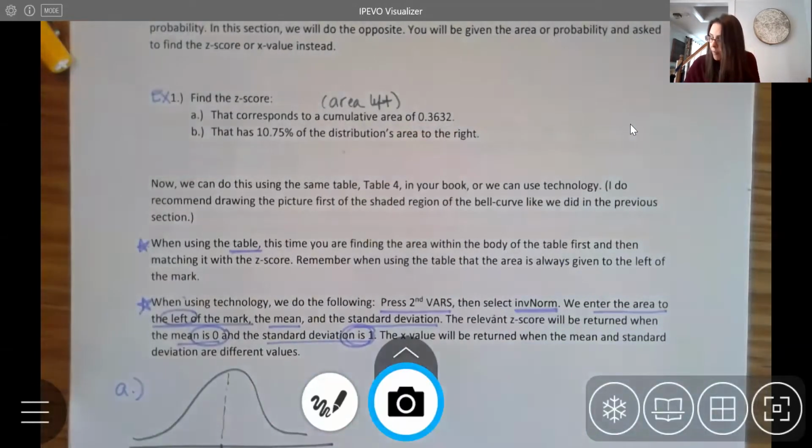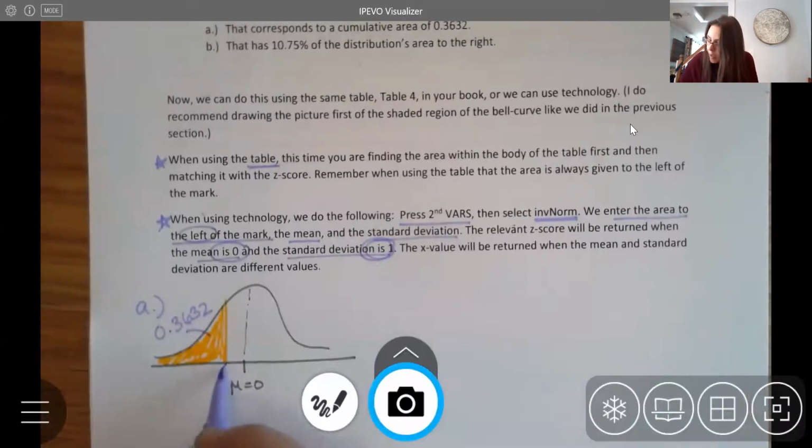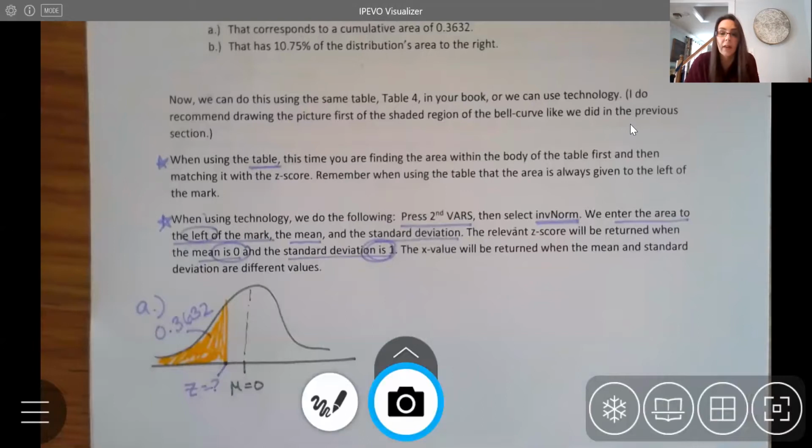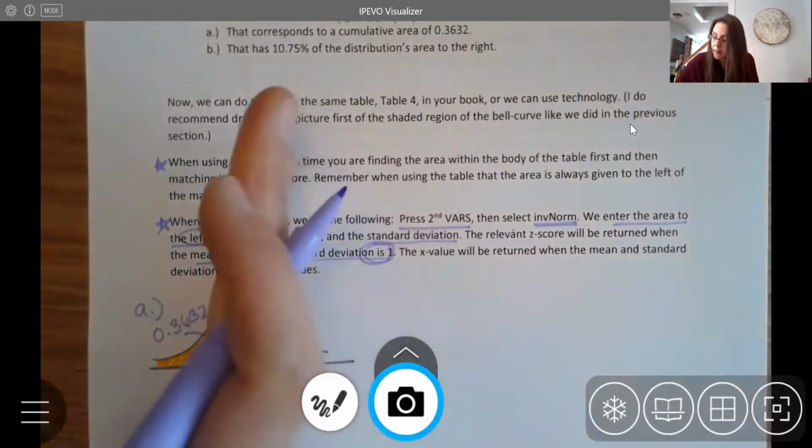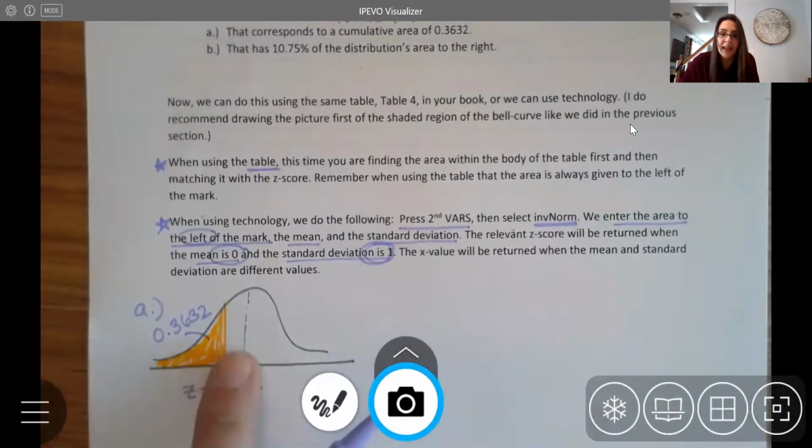So my cutoff mark is going to be someplace to the left of that 0. So this cumulative area right here is about 0.3632. And we're trying to ask ourselves, what is this z-score that would give us that cumulative area? That's what we're trying to find here. But again, that mean in the center is going to be 50%.